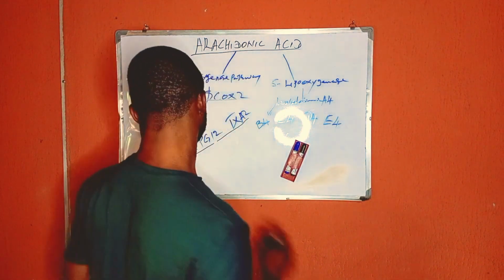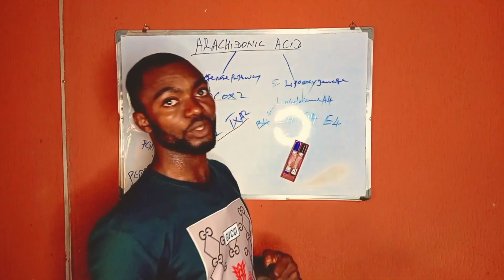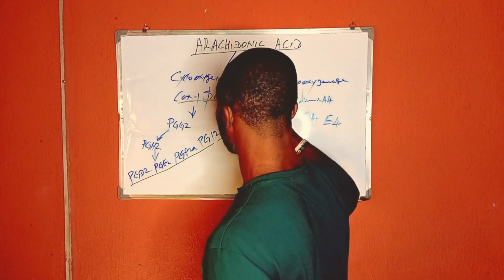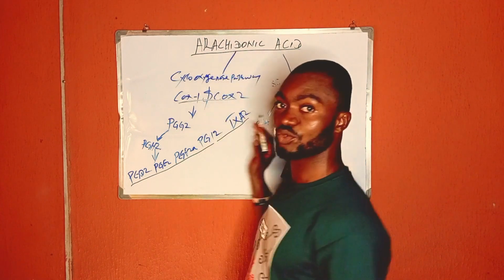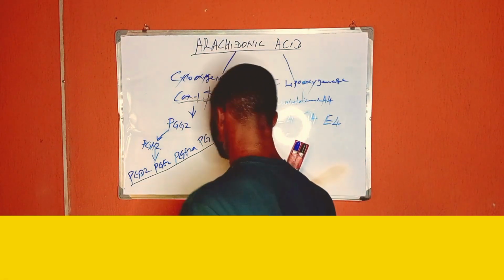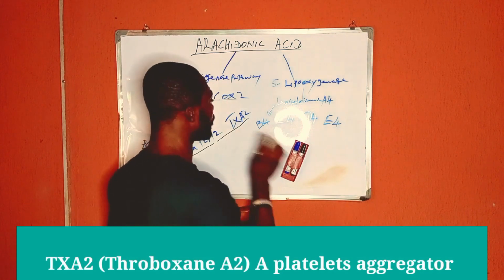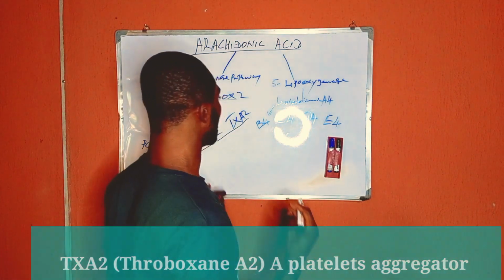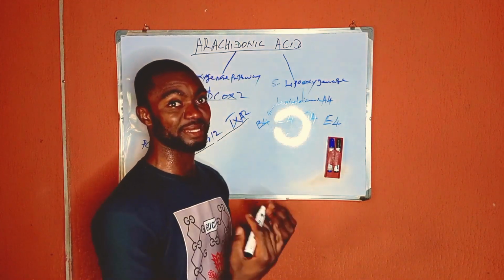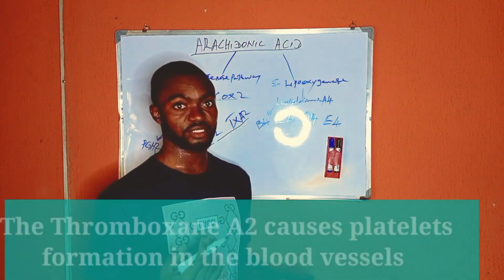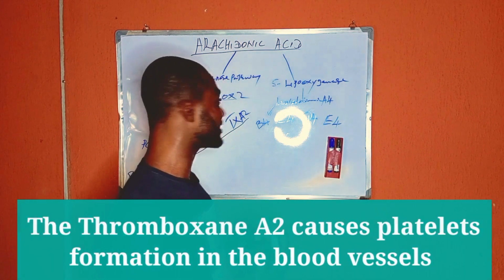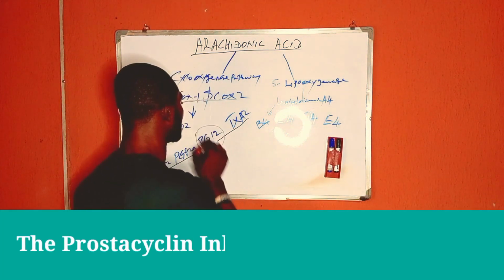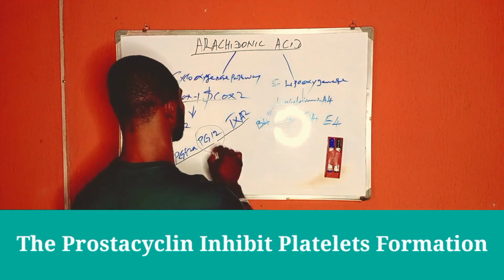This is how they all affect the body now. Okay, now this thromboxane A2, otherwise called TXA2, this is what it does. It acts as a platelet aggregator. It causes formation of platelets in the blood vessels. And this one inhibits the formation of platelets, which is called prostacyclin.